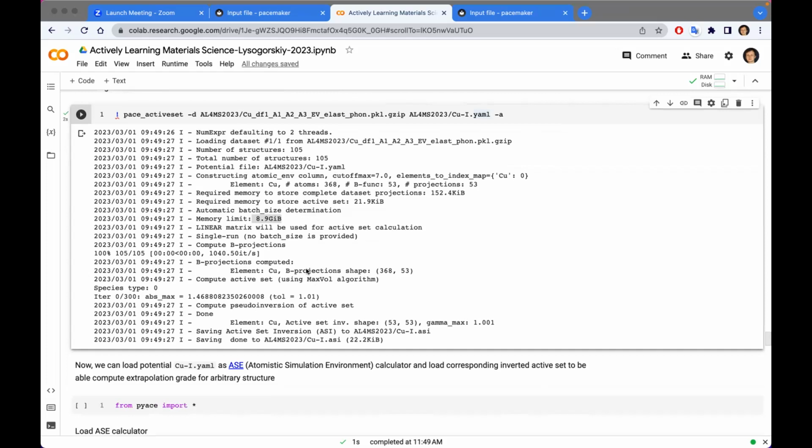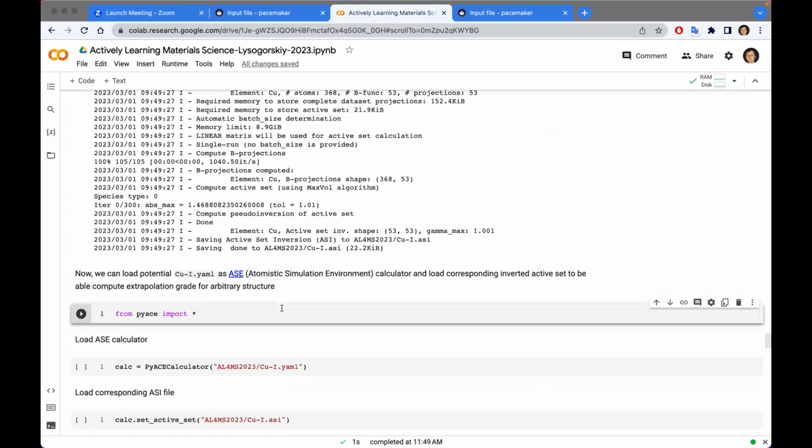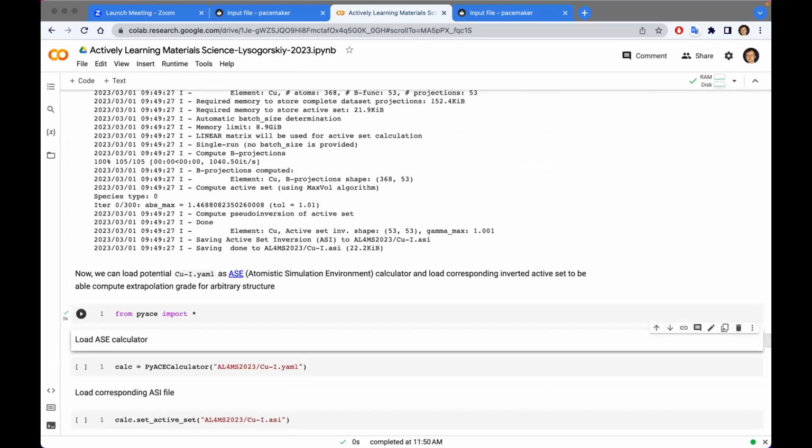It computes the projections, computes the active set, does the inversion, and saves it to this ASI file, active set inverted. So now from the PyAce package, we can load this YAML potential file as well as the corresponding active set and do the typical classical calculations in the ASE simulation environment.